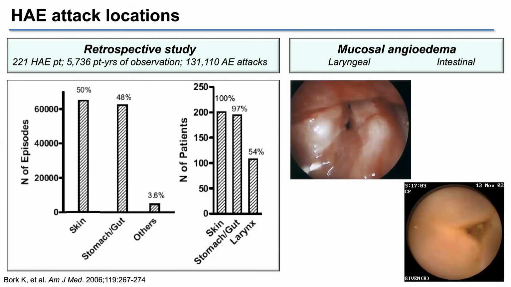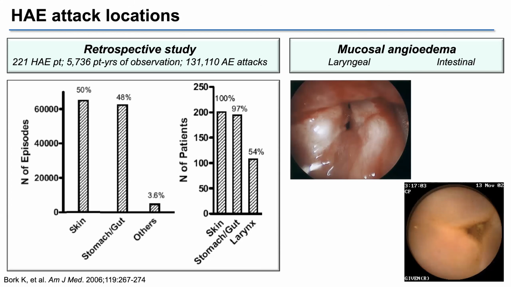And I like these pictures. On the top, you see laryngeal angioedema, and on the bottom right, you see intestinal angioedema in a patient with both HAE patients. And it just shows you how similar the swelling looks. And in fact, it's the mucosal angioedema that causes most of the morbidity, but not all the morbidity in HAE.